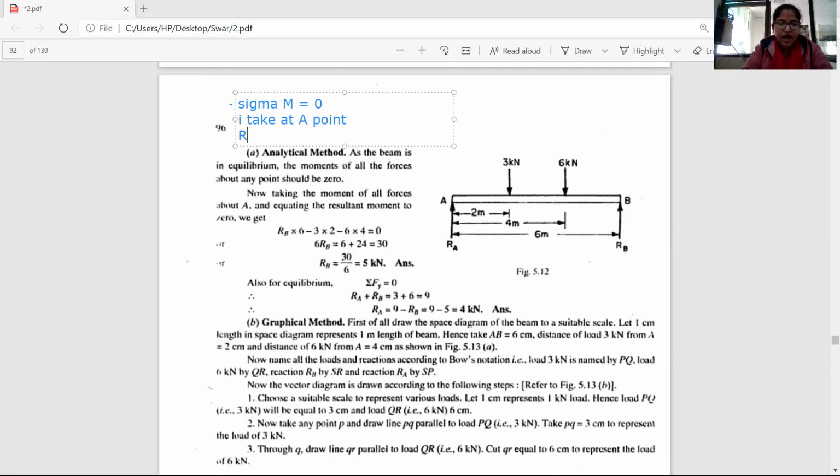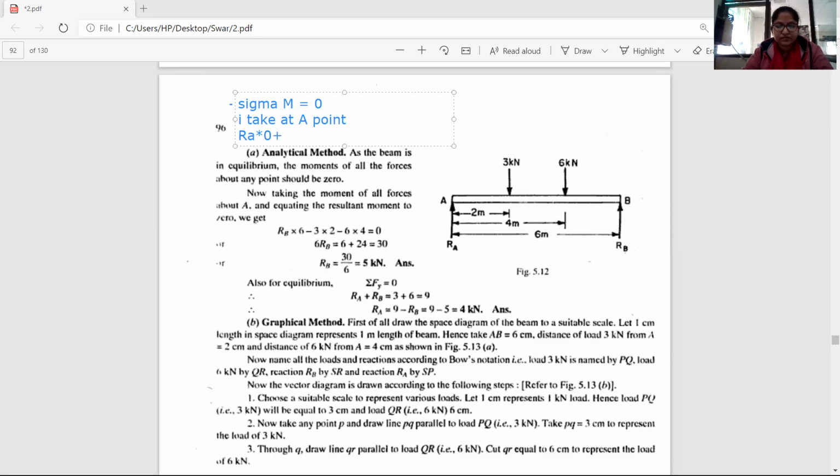First Ra multiplied by 0. Why this 0? Because this force has no distance. We are taking all the moments at point A, and Ra is also acting at point A, so there is no distance. That's why we are taking Ra multiplied by 0.